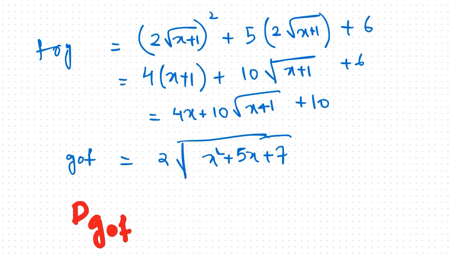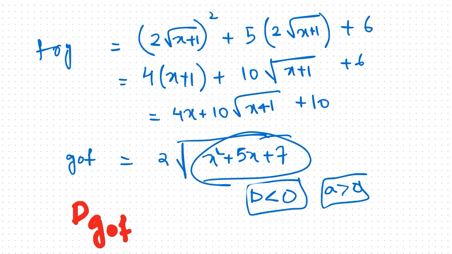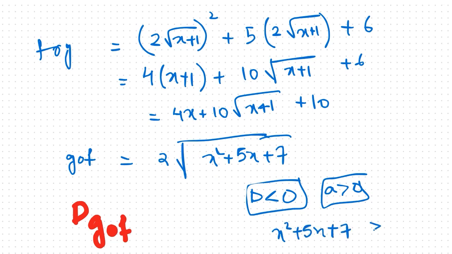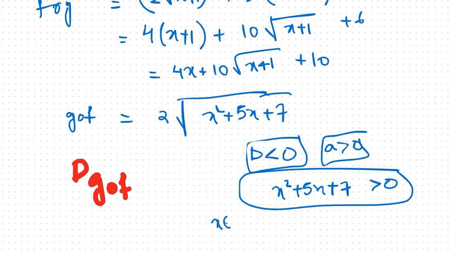Yeah, because it'll never be negative. D is less than 0, correct? And a is positive. So the overall value will be positive. So x squared plus 5x plus 7: a is positive and d negative means a positive value. So the domain is all real numbers.